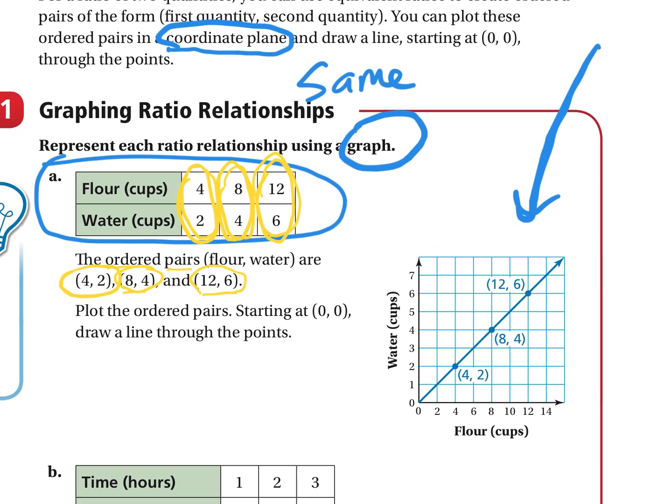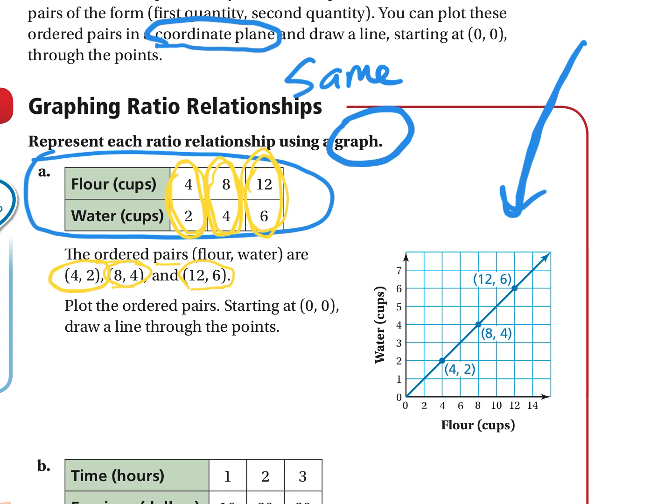From those ordered pairs, or those ratios in the table, we can transfer that information into a graph. Essentially you want these ordered pairs to be plotted.